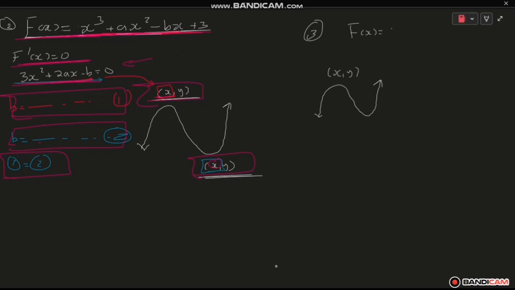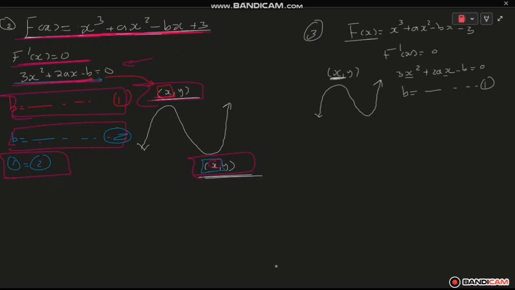Let's just use the very same f of x as x cubed plus ax squared minus bx plus 3. Then you will do what? You will derive. After you have derived, you will write the first derivative and equate it to 0. Then you take this x value, you substitute it on the derivative where there's x, and you will have equation 1.